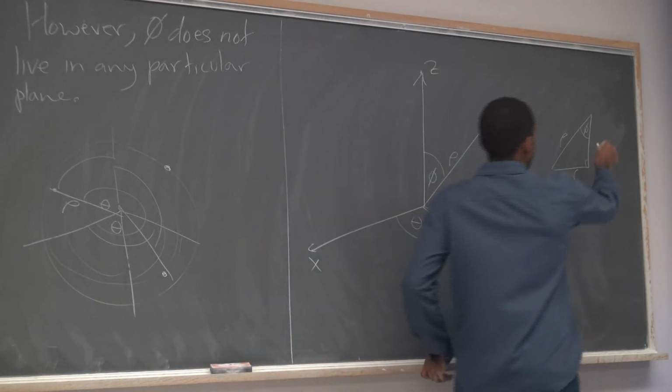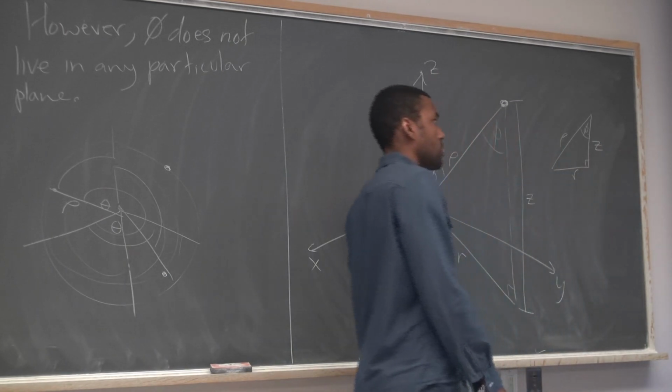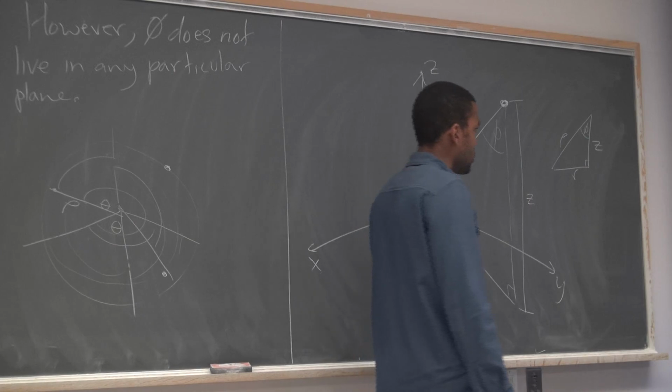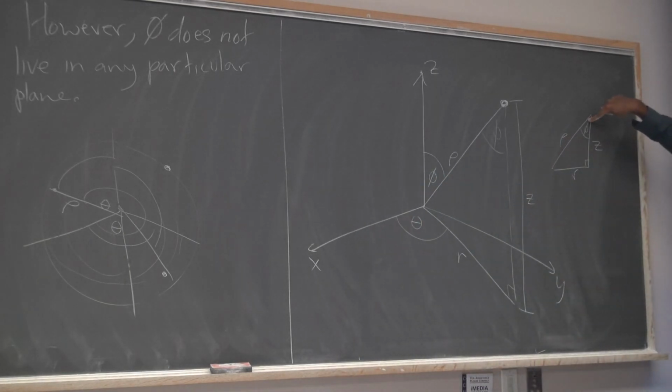Z would be the height here. Cosine of phi would be adjacent over hypotenuse. Therefore, I can think of my z coordinate as being given by the equation rho cosine phi.